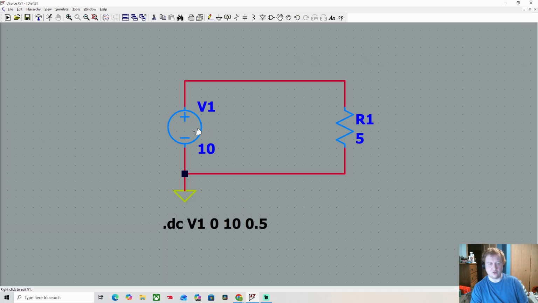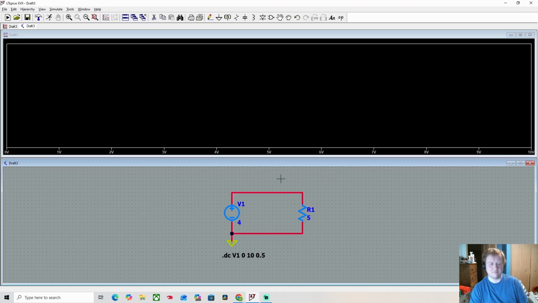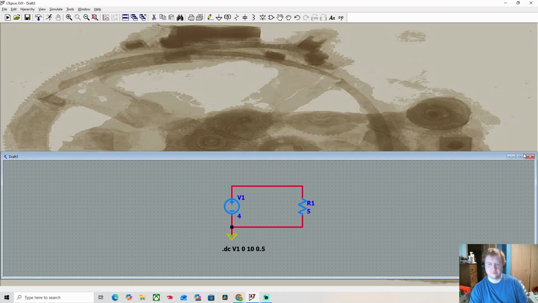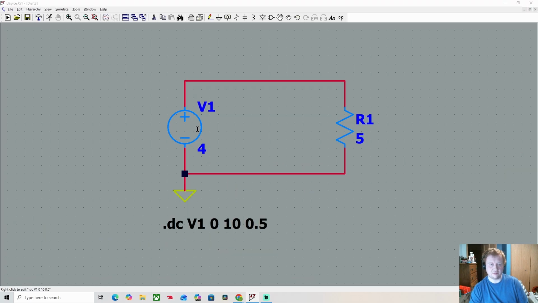So if your voltage source is equal to or greater than, your power is going to increase like that. If it's less than, it's going to be like, let's say 4 volts. Oh wait, I'm still on DC sweep. That's not going to change anything.